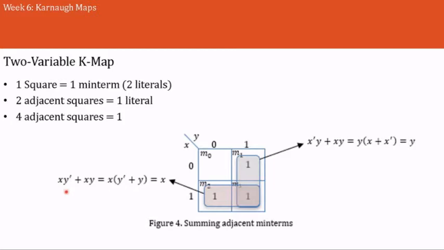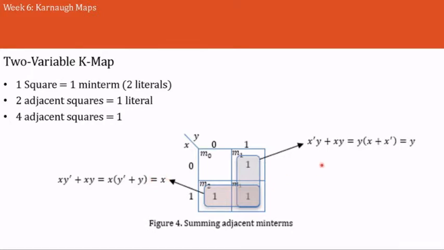Since x is common to both terms, we factor it out, and we know that y prime plus y is equal to 1. And x times 1 is equal to x.